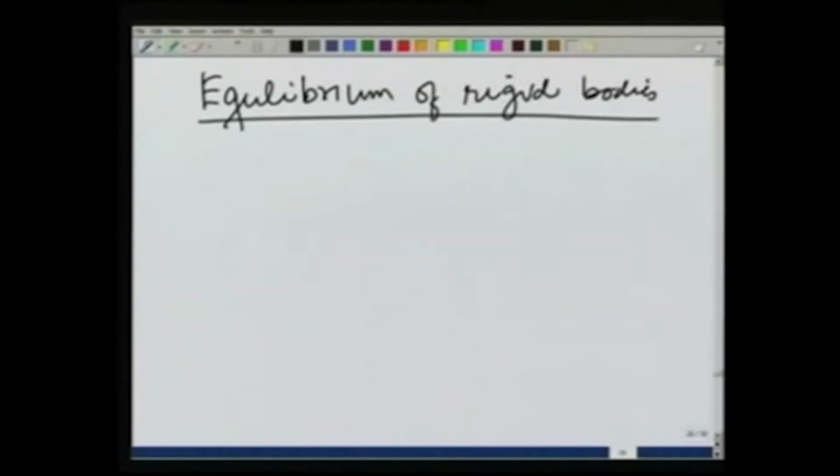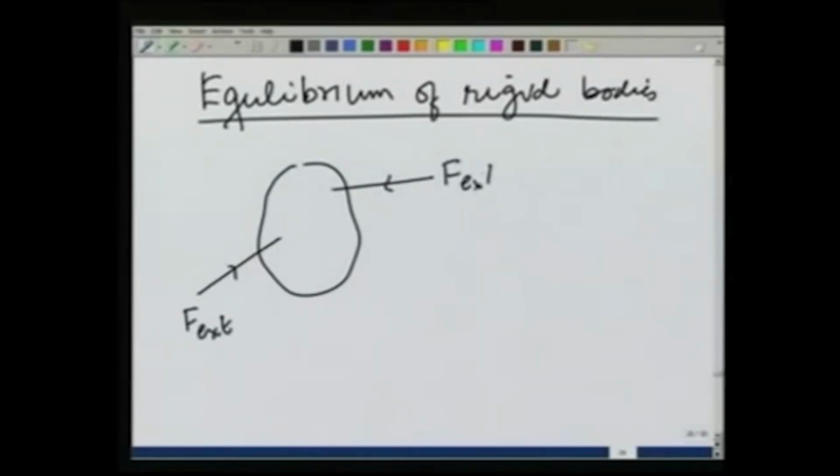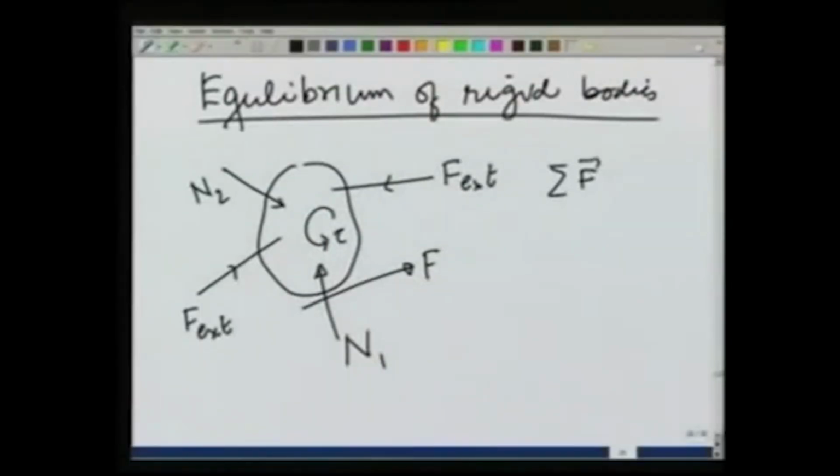What we have done so far is taken a particular body and saw what are the external forces applied on them, and what are the forces generated: normal reaction, maybe a torque tau, maybe a frictional force F. What are these forces given by various elements by which it is held, and then we did the equilibrium condition, summation F is equal to 0 and summation tau is equal to 0.